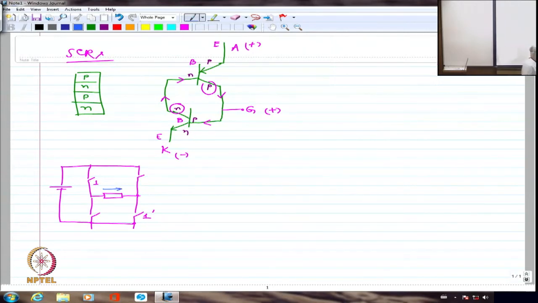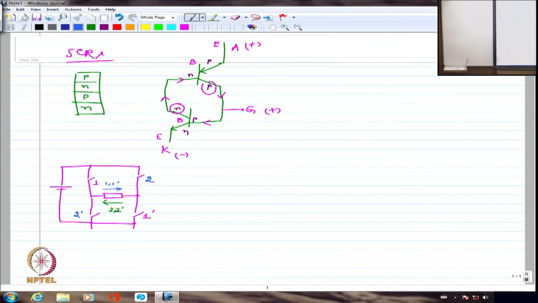Okay, if I have 1 and 1 dash turned on, the current is going to flow in a particular direction. If I am going to have 2 and 2 dash turned on, I am going to have the current in the opposite direction, whereas this is going to be for 1 and 1 dash turned on, right?